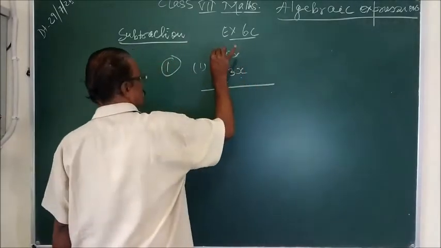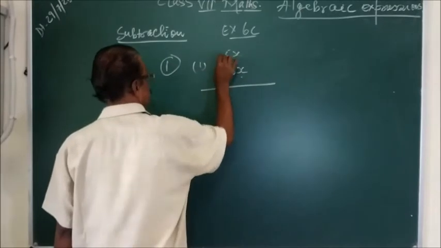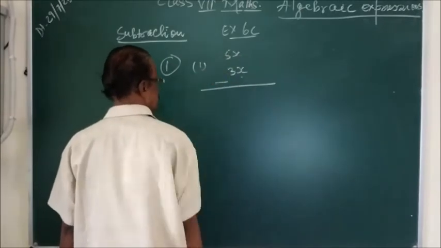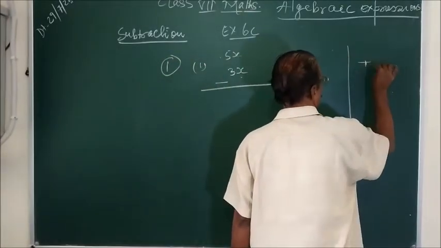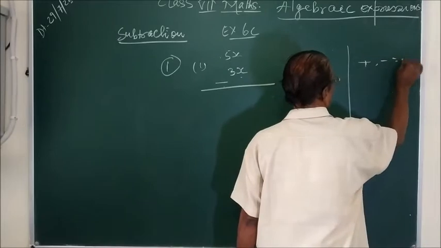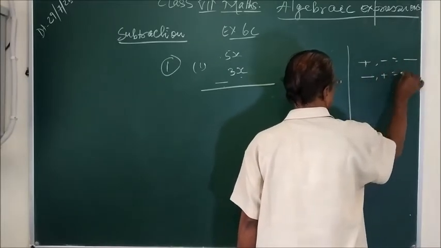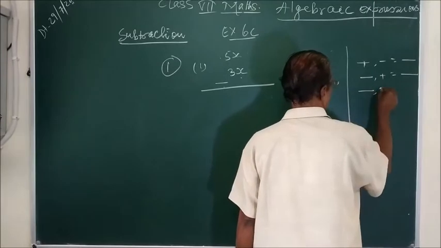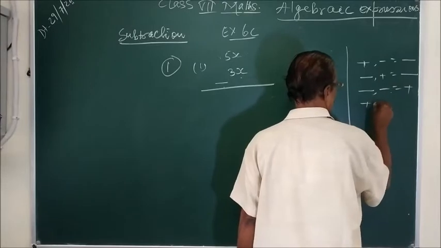Now you have to operate with these two signs, plus and minus. I have already explained the rule of signs: plus minus minus, minus plus minus, minus minus plus, and plus plus plus.